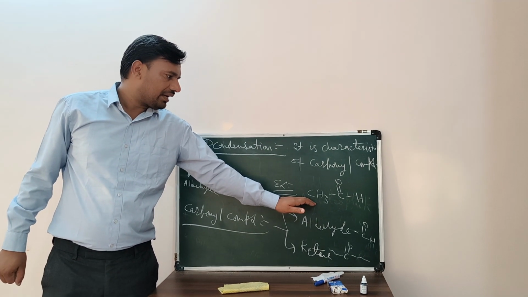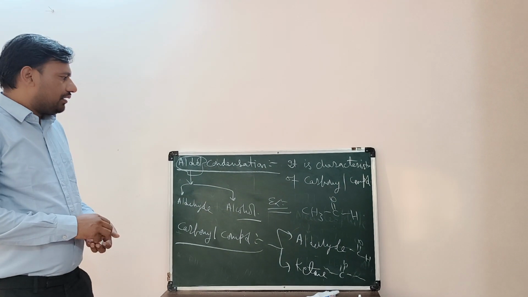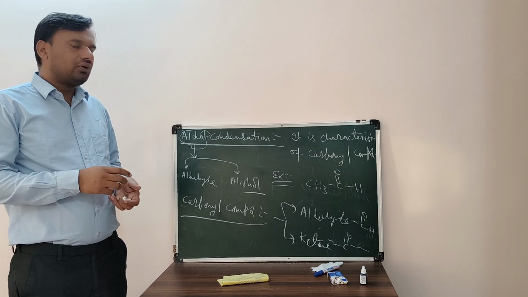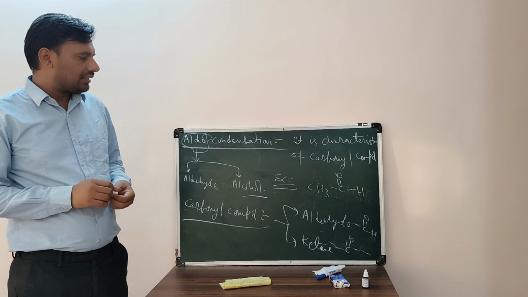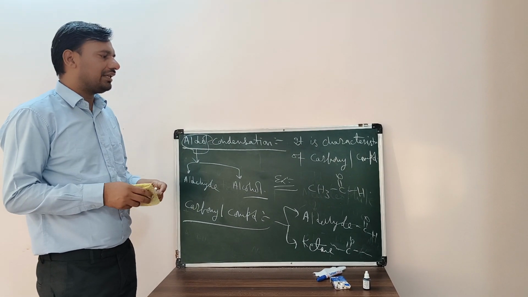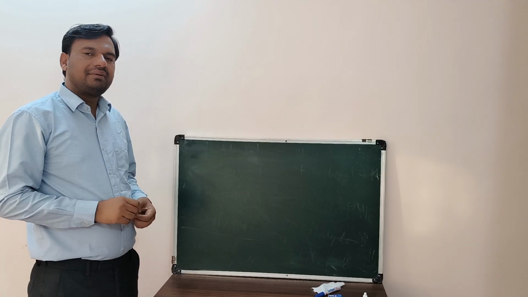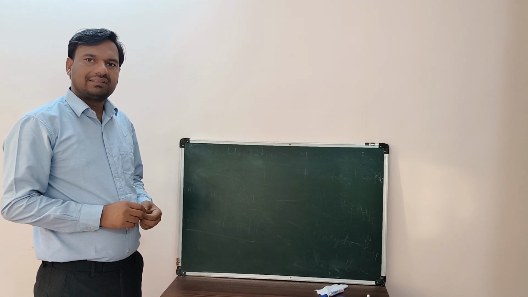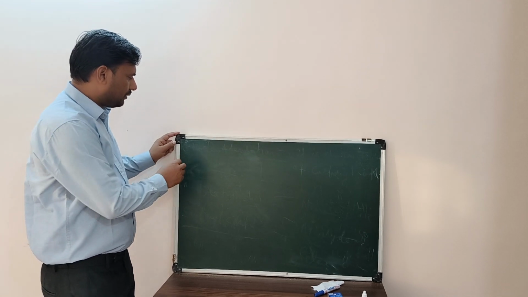This is also a carbonyl compound, and in aldol condensation a molecule can react with the same molecules. This is called simple aldol condensation, and if it is reacting with different molecules, that is called cross aldol reaction. First I am taking the simple aldol condensation reaction.